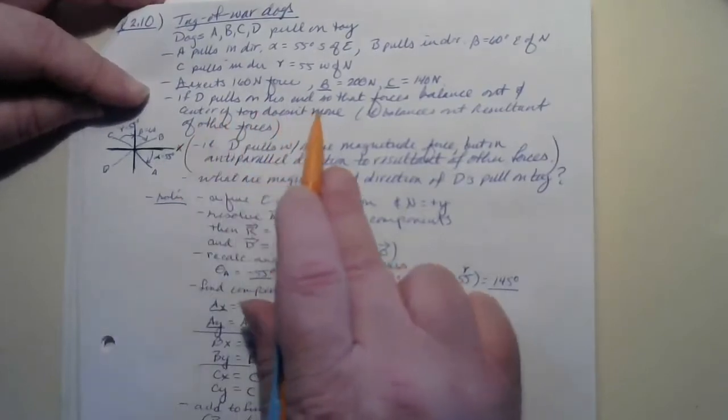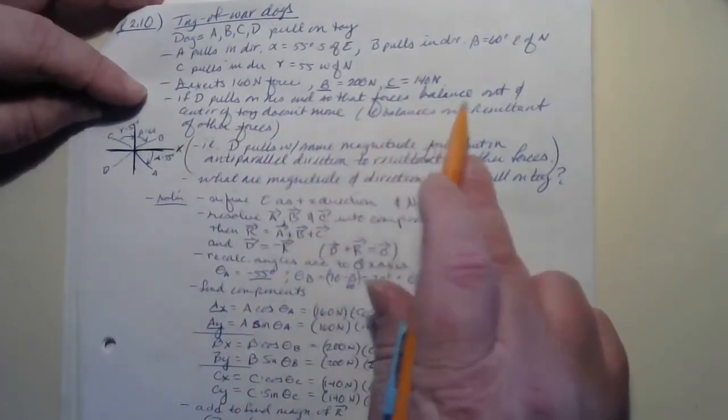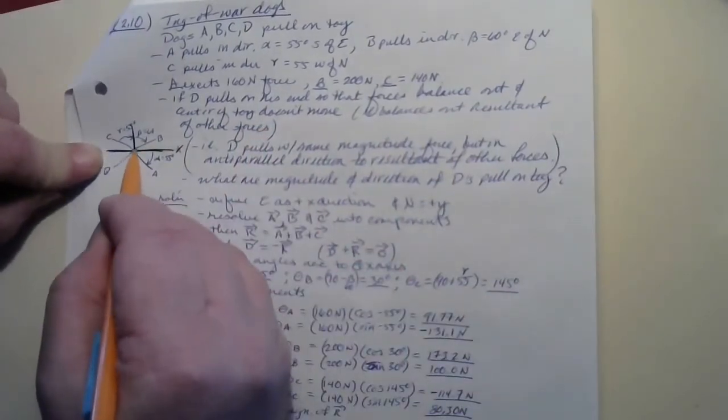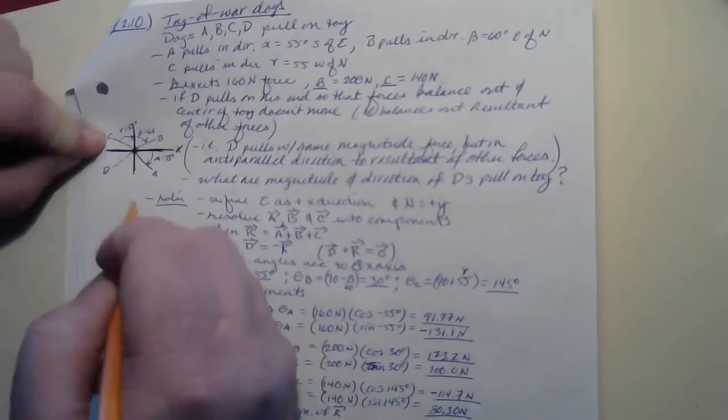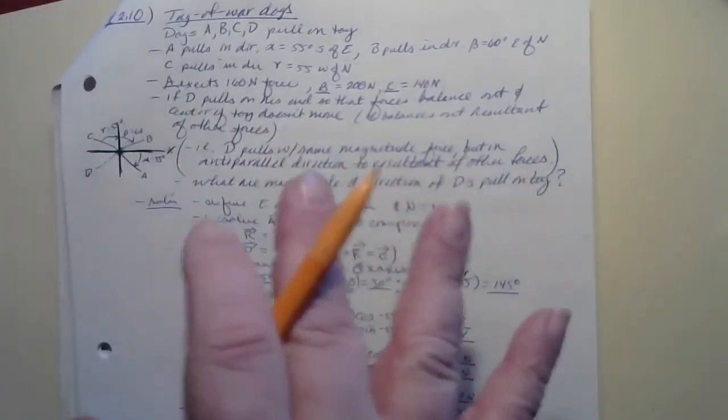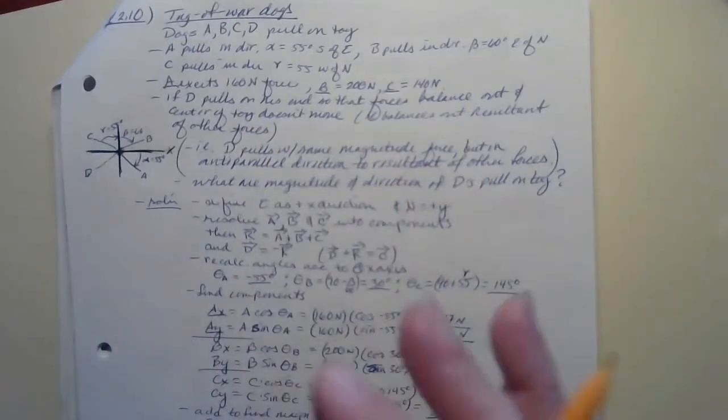If D pulls on his end so that the forces balance out and the center of the toy doesn't move, we're considering the origin to be the center of the toy. So if the forces are all balanced, that means the center of the toy doesn't move.